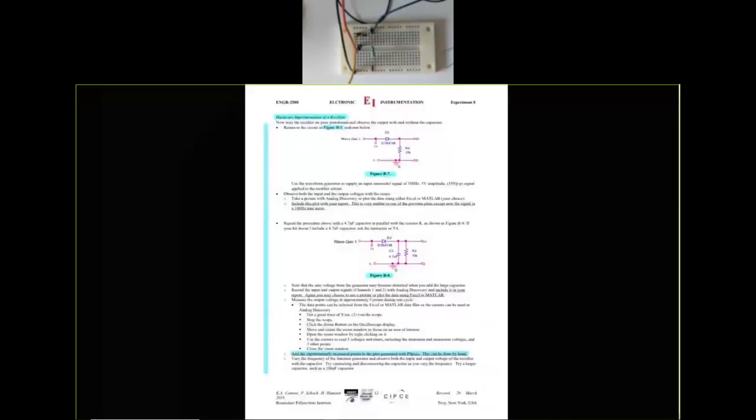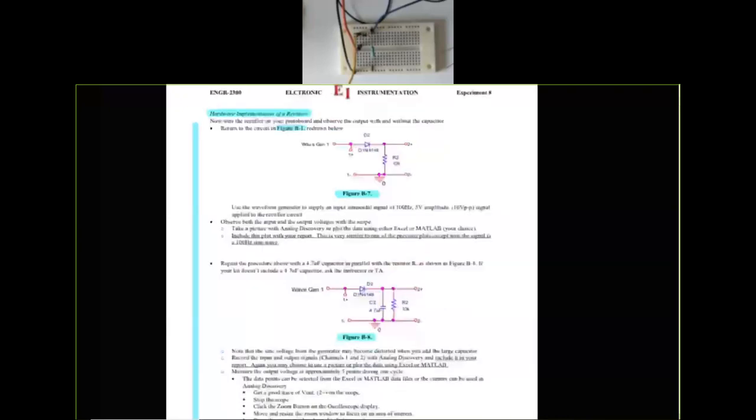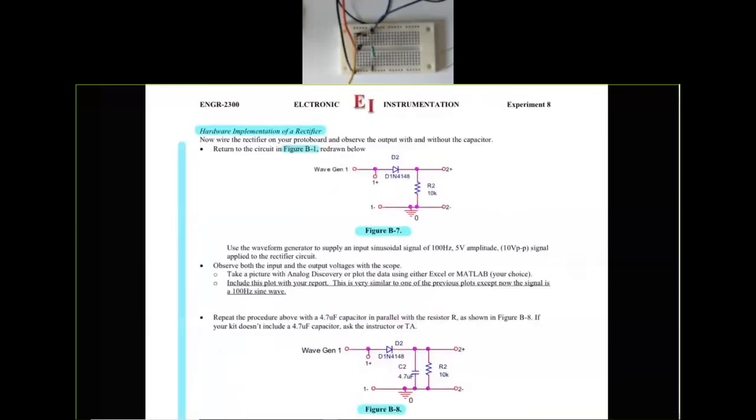On page number 12, the entire page is dedicated to experiments, and this is hardware implementation of the rectifier. And we'll start off with B7. In figure B-7, it is the exact same circuit diagram that we have hooked up over here. So a diode and a resistor of value 10K.